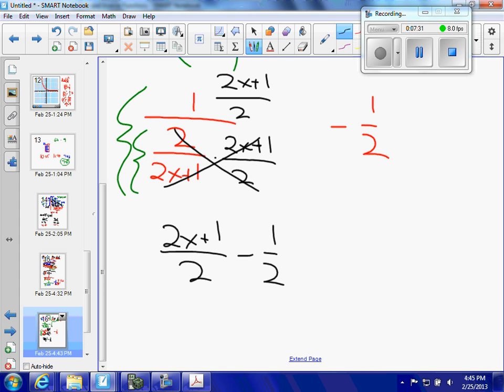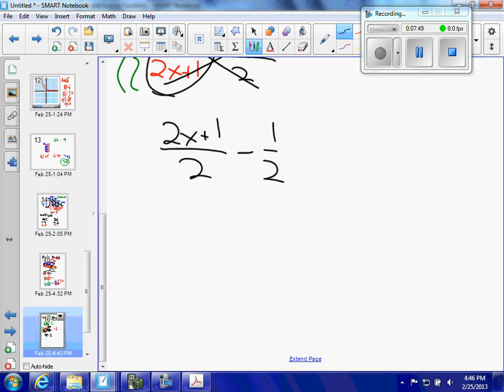Now notice, just as a pause right here, when I have 1 over anything that's a fraction, really what I'm doing is I'm just taking the reciprocal of my denominator, and that becomes my numerator, becomes my whole problem right there. So this is what I have right there. And what I'm going to do is use the fact that I have a common denominator of 2, and I'm going to make this 2x over 2 plus 1 over 2.